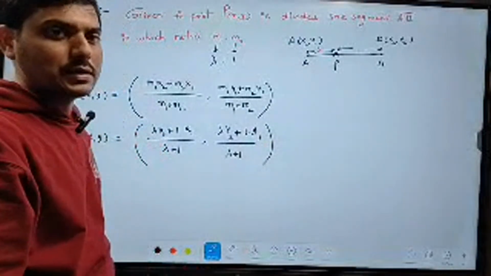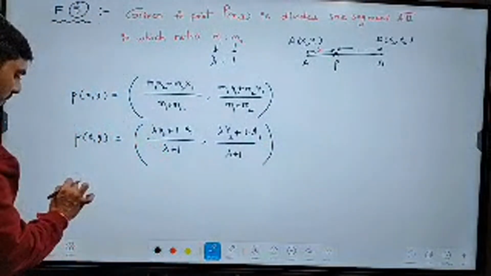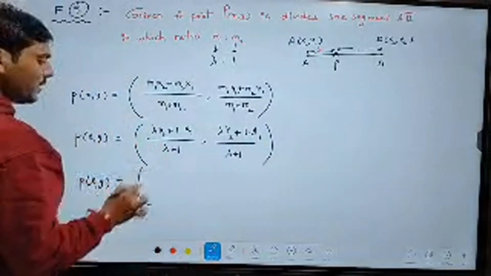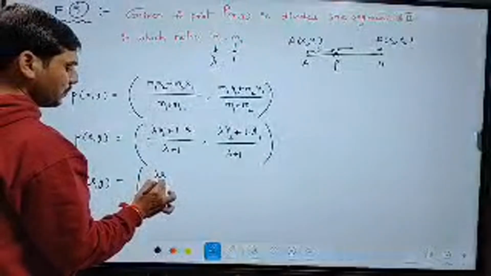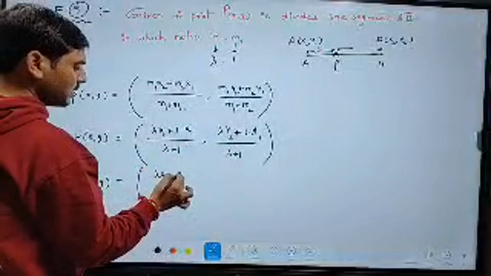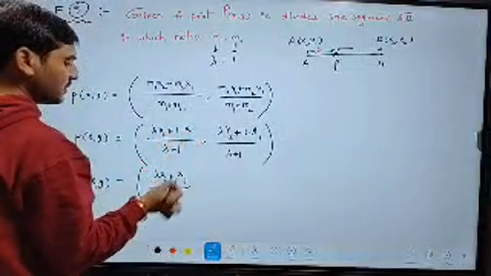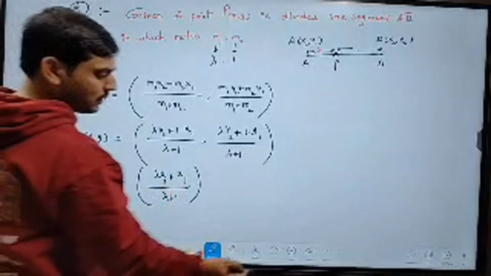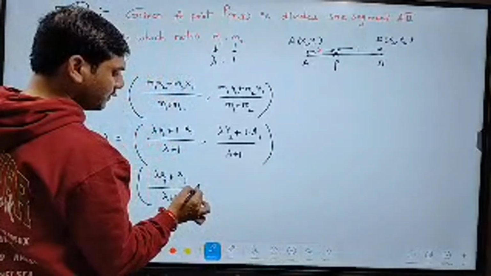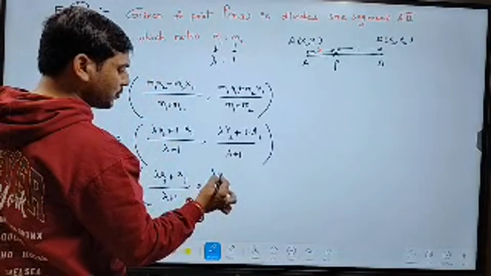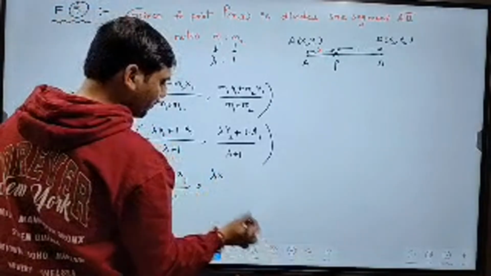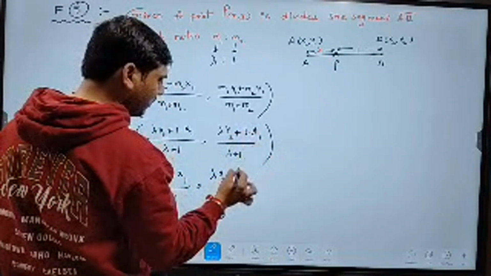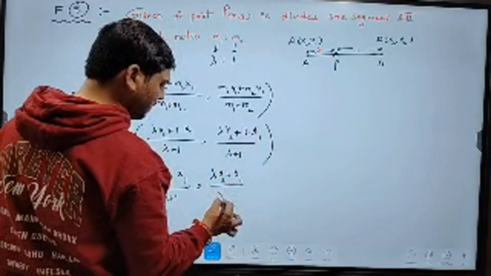This is our formula, students. You write one more step. P of x comma y equal to (lambda x2 plus x1, because one time of x1 value) by (lambda plus 1), comma, (lambda y2 plus one time of y1 value, y1) by (lambda plus 1).